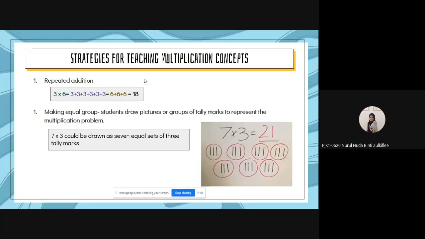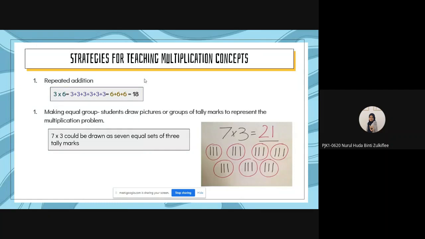Okay, I will continue with strategies for teaching multiplication concept. First, we can see that the strategy is repeated addition. Repeated addition is a method for solving multiplication problems where one multiplicand is added as many times as the other multiplier. So, students must understand the relationship between repeated addition and multiplication.